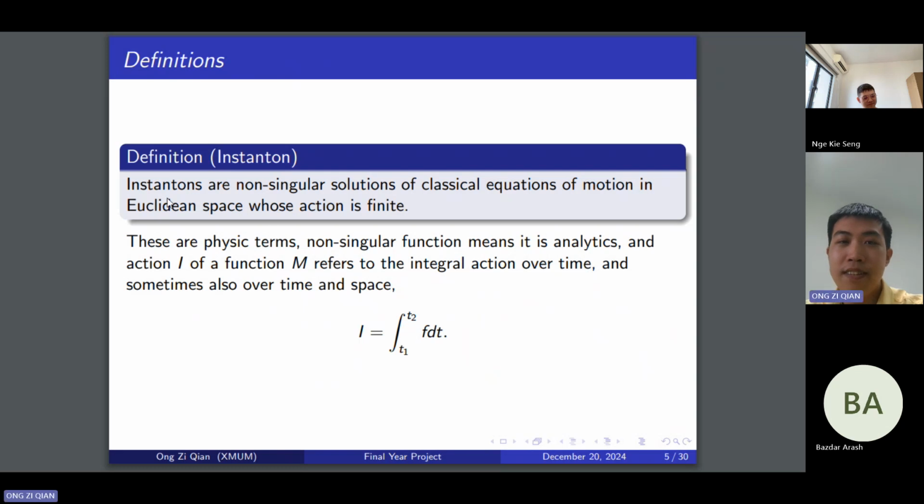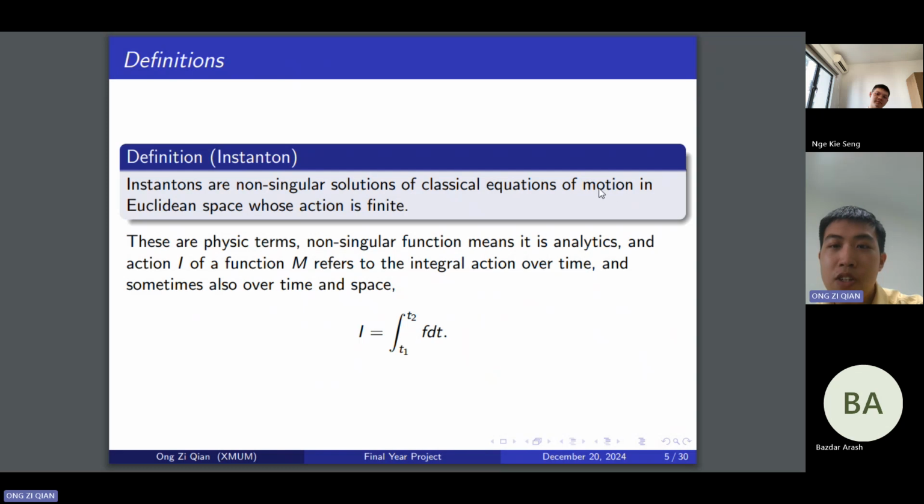Then the definition of an instanton is a non-singular solution of the classical equation of motion in Euclidean space, and their action is finite. Let me explain the terms. Non-singular is actually analytic, because we write the instanton as a function of time, the position as a function of time, so it is analytic in t.